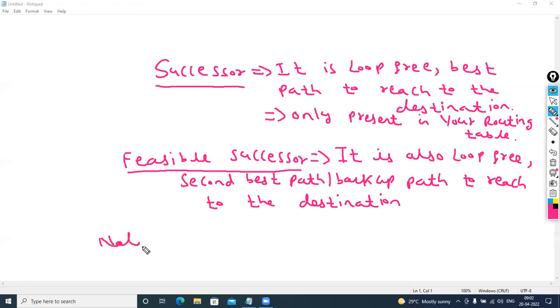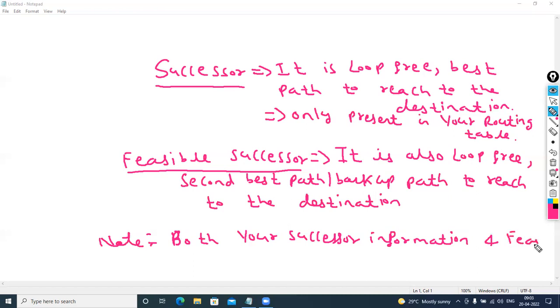One note: both your successor and feasible successor information is present in your topology table.